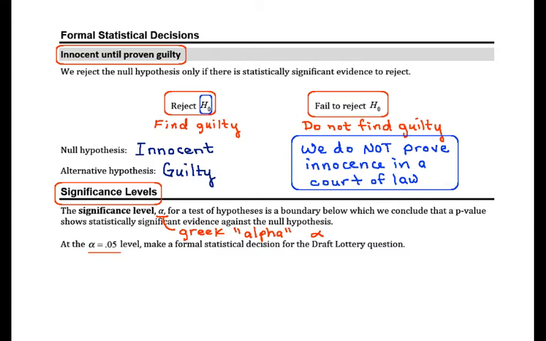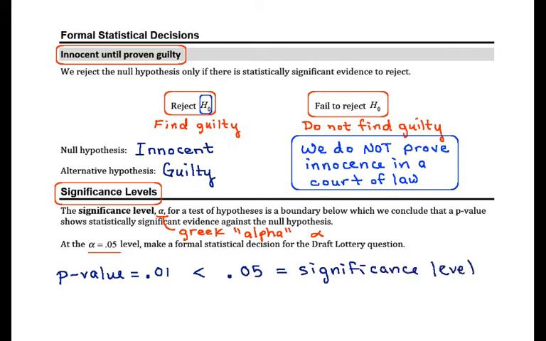So for example, in our draft lottery question, our p-value was equal to 0.01. If our statistical significance level is 0.05, we see that this is less than 0.05. That's the predetermined significance level.